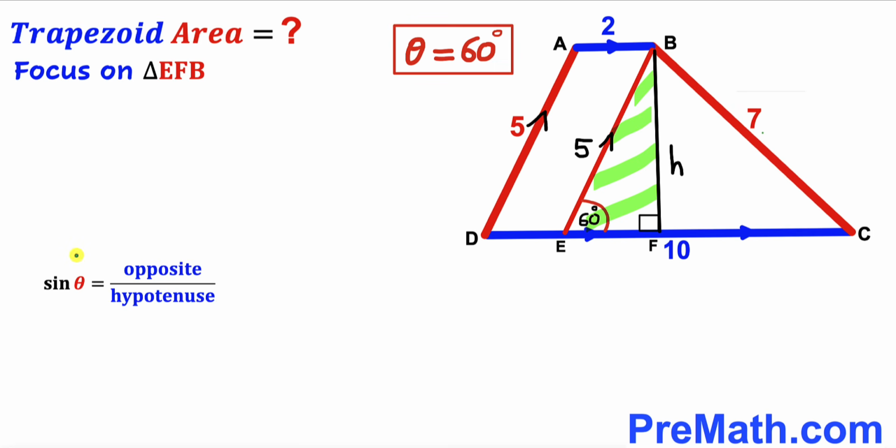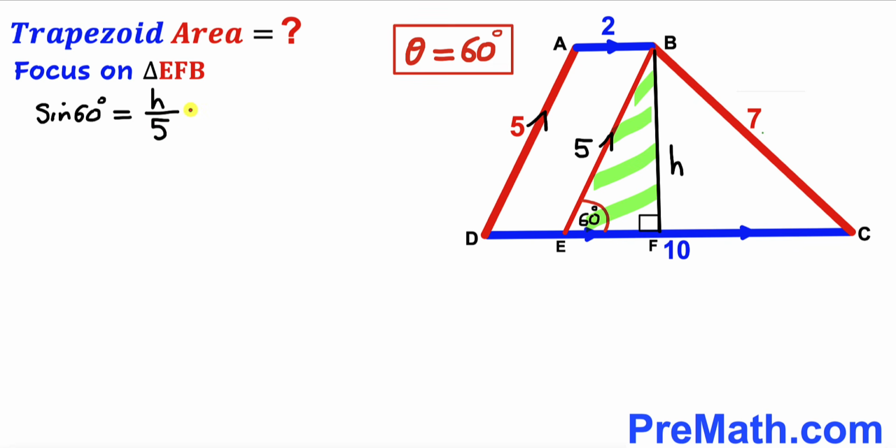Let's recall the famous trigonometric ratio: sine of theta equals opposite divided by hypotenuse. For this angle of 60 degrees, our opposite side is the height h and our hypotenuse is 5 units. So sine of 60 degrees equals h divided by 5.